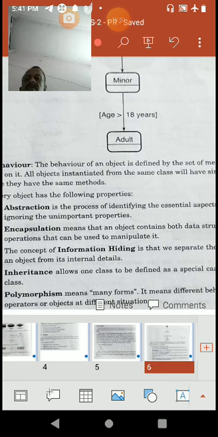Seventh one, data migration. This objective is important to make the database economical. All data are not required very frequently.